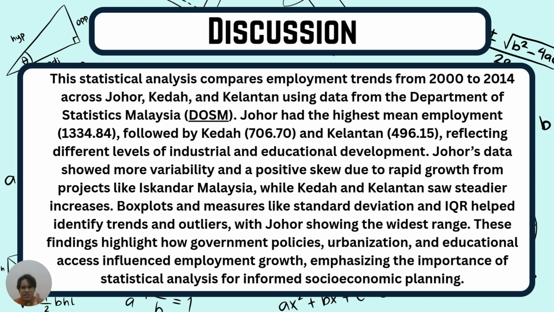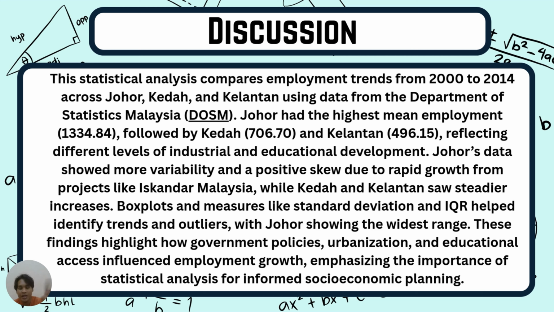In terms of distribution shape, Johor employment data exhibit a positive skew, right skew, where it goes to the right, indicating a concentration of lower employment values in early years and stretching towards higher values in later years. This skewness reflects rapid growth during the later part of the period, driven by major development initiatives such as Iskandar Malaysia, which spurred industrial, infrastructural, and economic expansion.